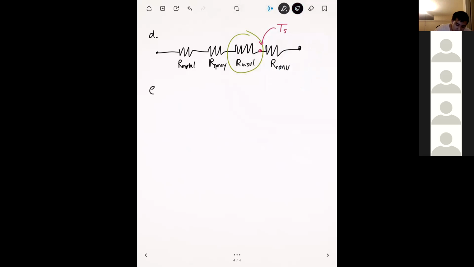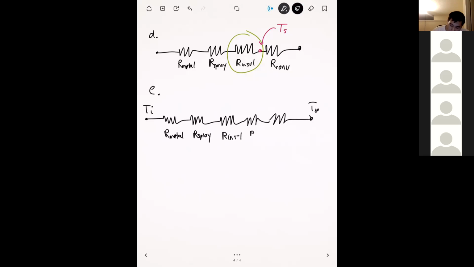And then in part E, we're going to add one more layer of spray on top of this, so you're going to have 5 resistances. So this is Ti, T infinity. This is our metal, this is our spray, this is our insulation.